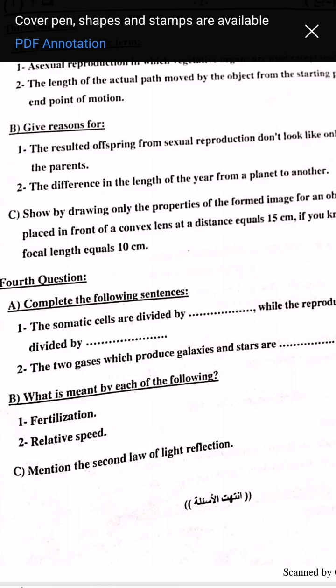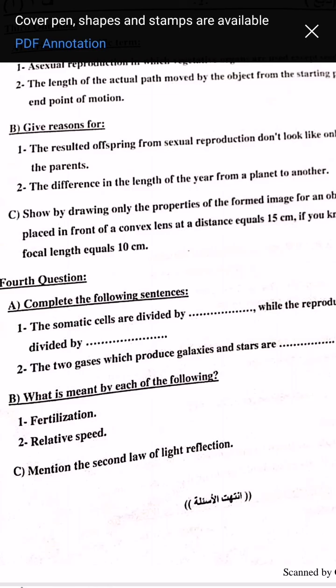Is it at focus? Is it at double of focus, meaning at center of curvature, or is it between them? Here the focal length equals 10 and the object is at 15, so the object is between focus and center of curvature.